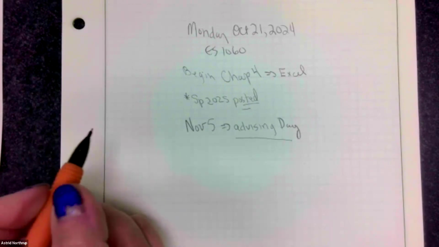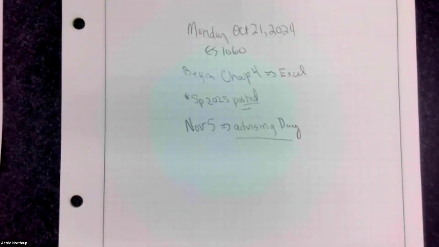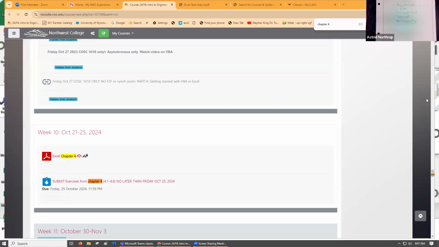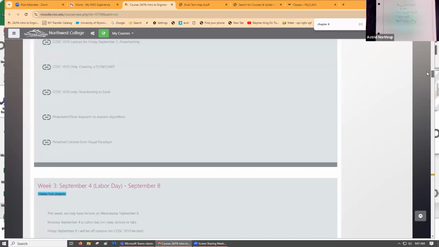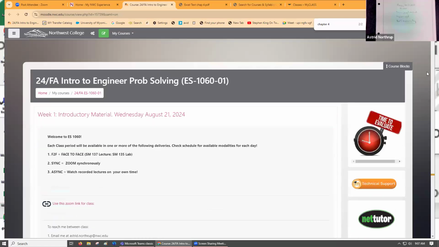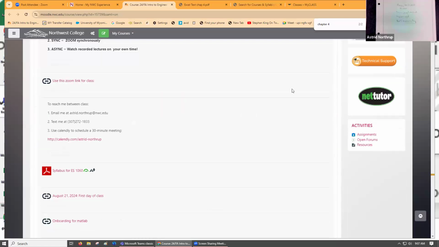So if you are my advisee, the easiest way for you to set an appointment with me is to use the link to my Calendly program, and that's available on all my different class pages. But here in ES 1060, you can use right here where it says calendly.com/Northrop, and you can set up a 30-minute meeting with me.